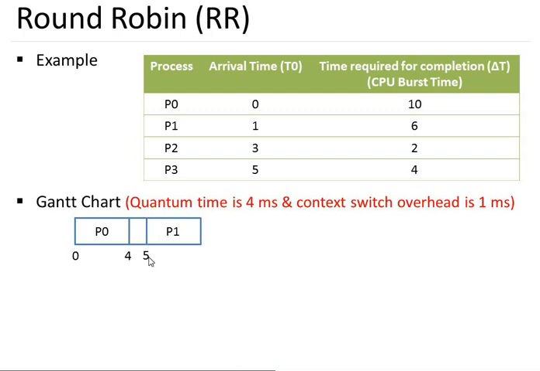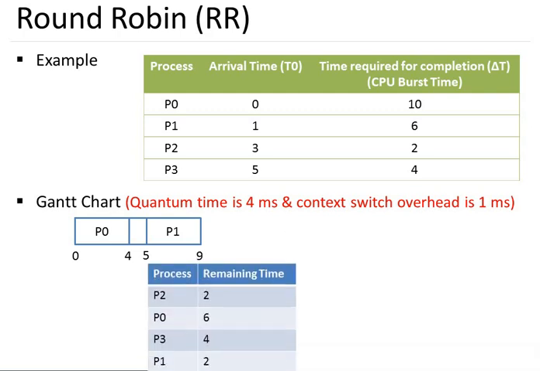After 5, process P1 will be executed and it requires 6 units of time. So from 5 to 9 this process will be allocated, and the queue will be like this. After P1 there is process P2, and from the previous case P0 will be in the queue with remaining time of 6 units. Why 6?